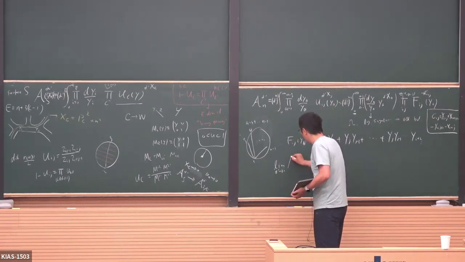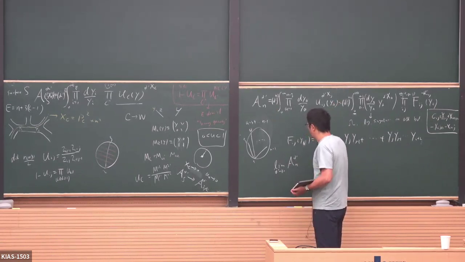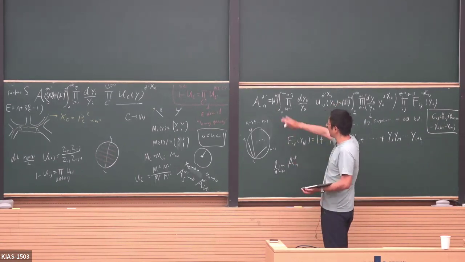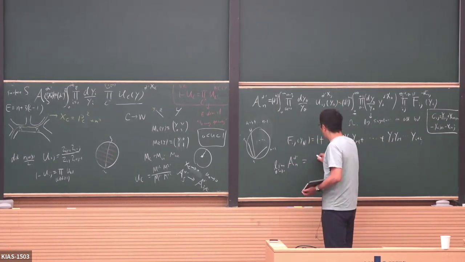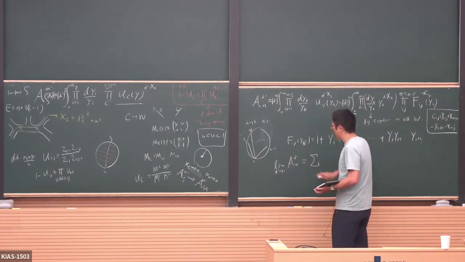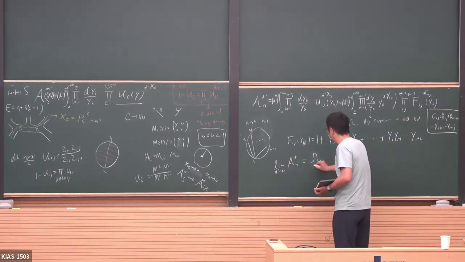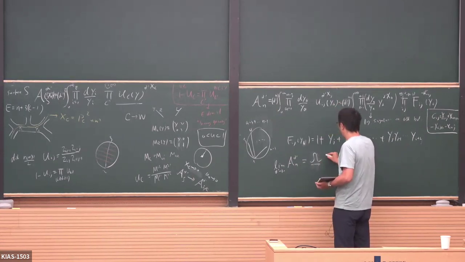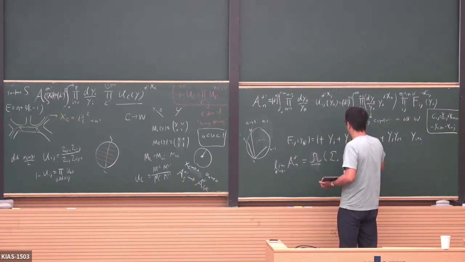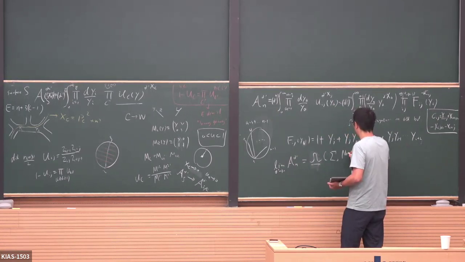Let's just look at tree level. The result of this tree-level string integral is given by the so-called canonical form of the so-called Minkowski sum of Newton polytopes. I mean, I gave you a lot of words, but you should.